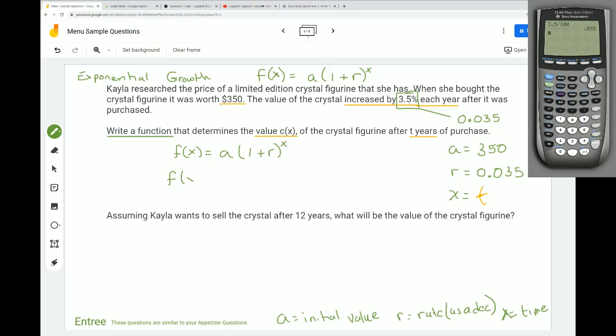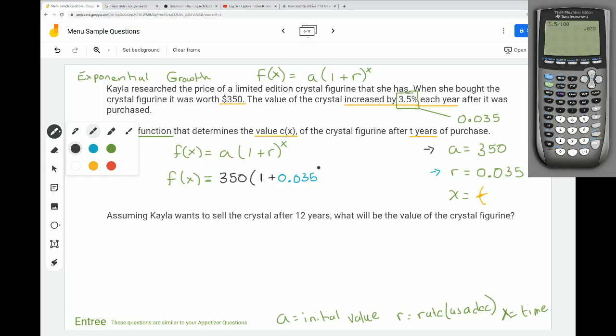So f of x is equal to a times 1 plus r to the x power. The function of x is equal to a, so we know our a value now. Our a value is right over here. So a is 350 times 1 plus, okay, now our r value, as a decimal, which I'll put right here, 0.035.